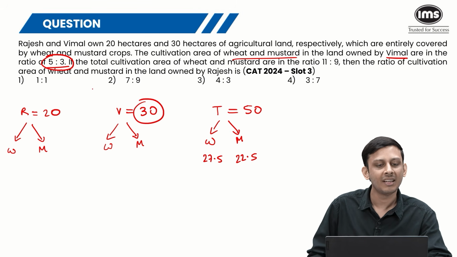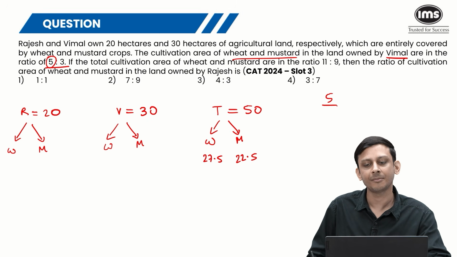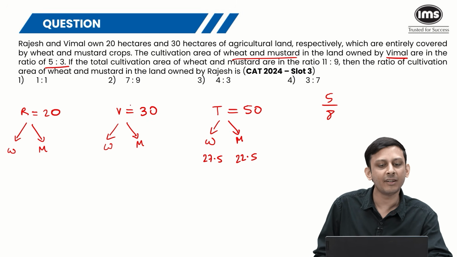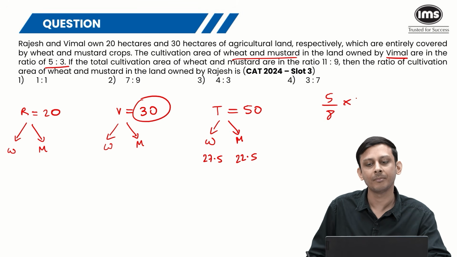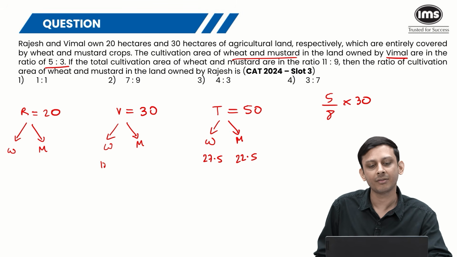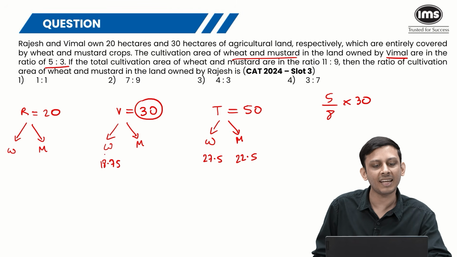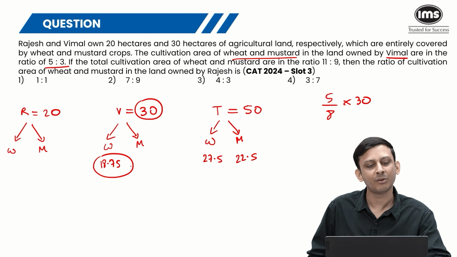So wheat, for example, will be 5 parts out of total 8 parts, 5 by 8 into the total 30 that is there for Vimal. If you calculate this, you will get 150 by 8, which will be 75 by 4. That will be 18.75. And then you can calculate 30 minus 18.75. So that will be 11.25.